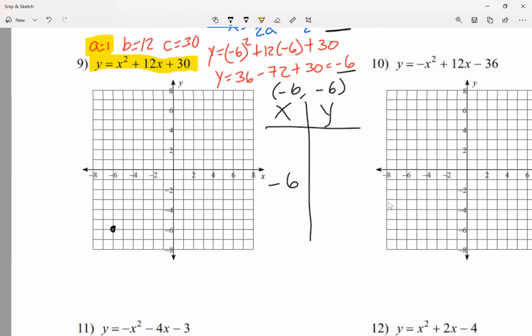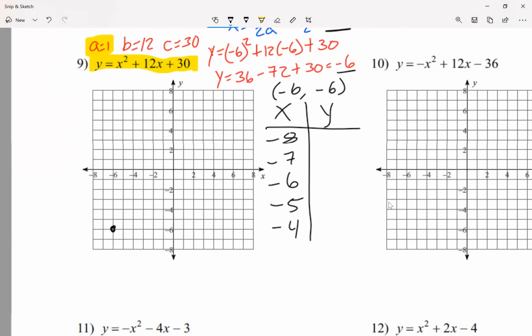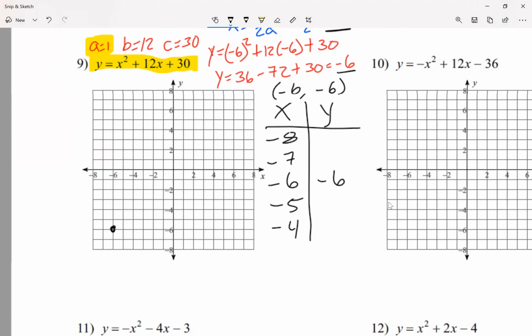So 2 smaller numbers before negative 6. So negative 7, negative 8. And let me choose 2 numbers bigger than negative 6. So I'm going to go negative 5, negative 4. And I know that when x equals negative 6, y equals negative 6, right? I have my vertex there.